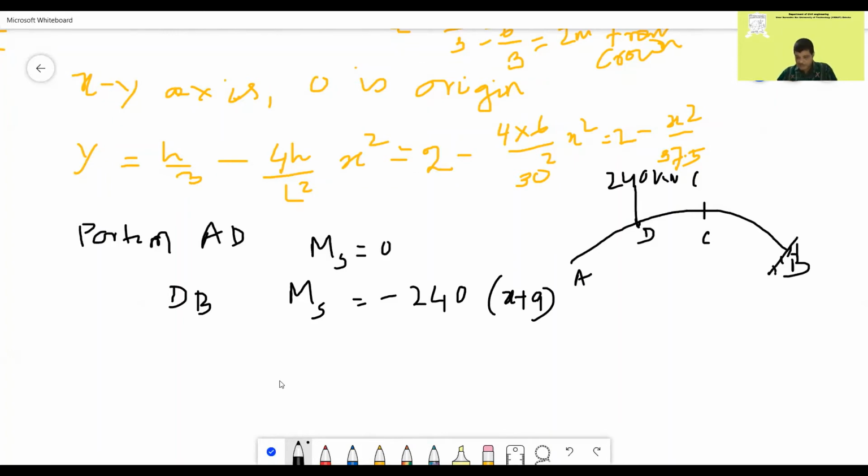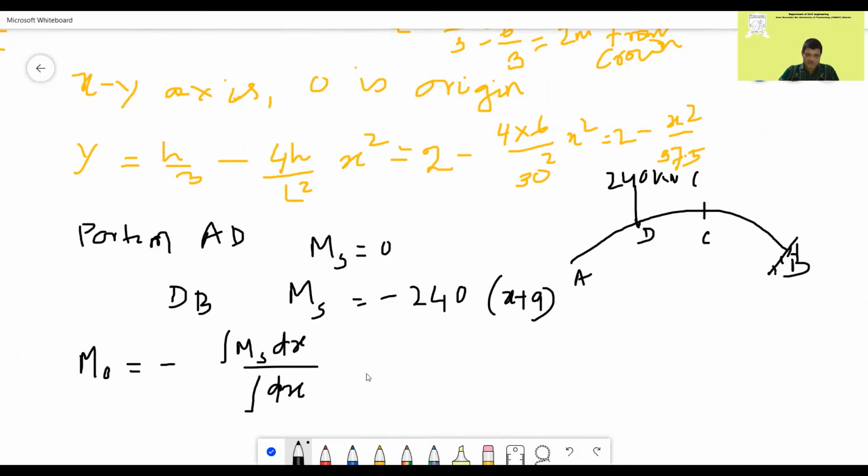So initially it was at a distance of 6 meters from the left support. Now if this is the equation, then we have to find out the reactions. M0 will be equal to minus integral Ms dx by integral dx. You remember these equations.